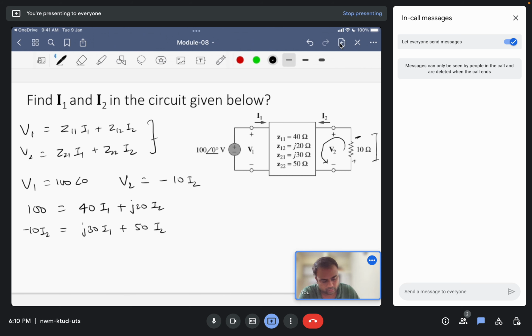So we can also write this equation as 60 I2 is equal to minus J30 I1, or I2 is equal to minus J by 2 I1. Okay, so I2 will be minus J by 2 I1. So let us substitute this value.